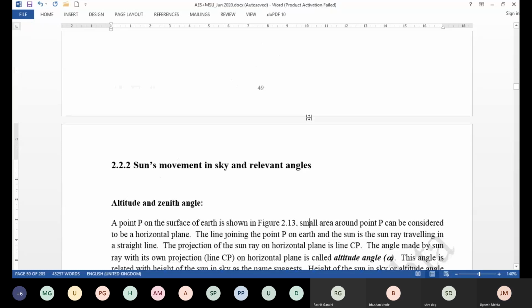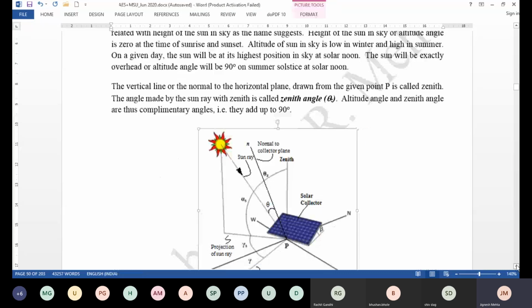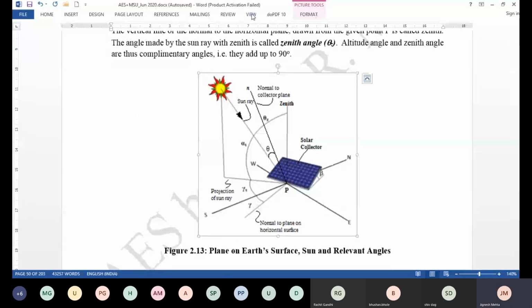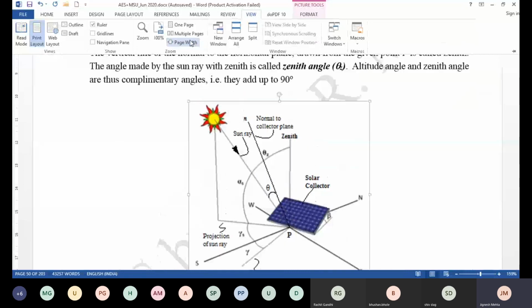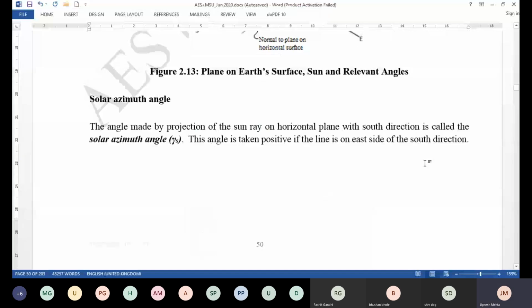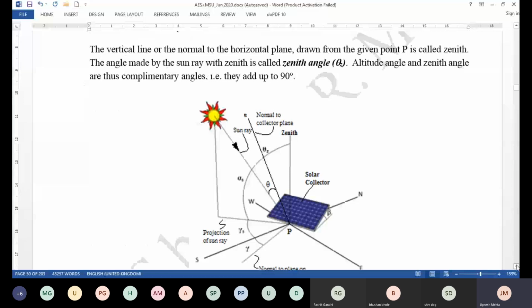Okay. Now let's start talking about other angles, which we will need to evaluate to be able to finally find the angle at which the sun ray is coming, right?